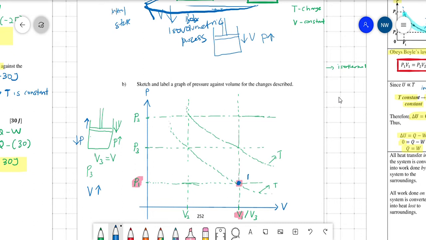Then we find the second state, P2, V2. P2 is here and V2 is down here, so it should be here. So going from state 1 through process 1 to state 2, the process is adiabatic compression, so you should draw a curve like this.